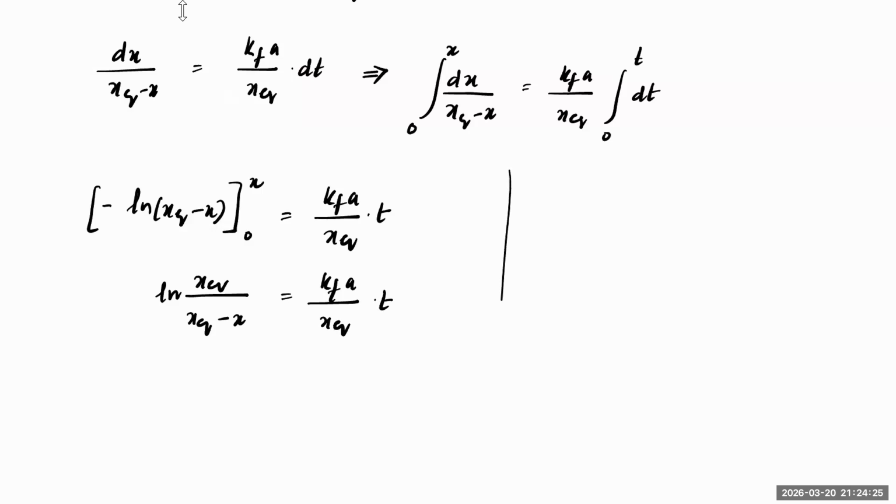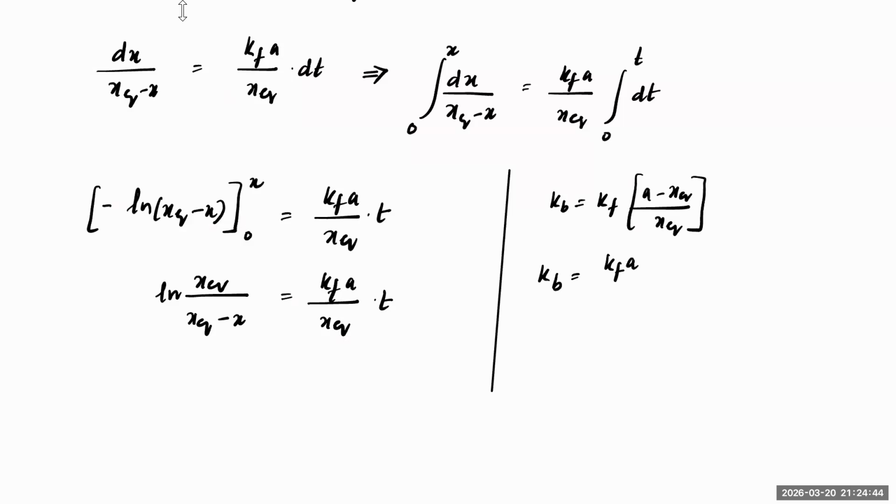Correct. Now, earlier we have learned that k backward is equal to k forward into (a minus x equilibrium) by x equilibrium. This was our equation 1. So now if I open this, what it appears like is k forward into a by x equilibrium minus k forward into x equilibrium by x equilibrium, that will get cancelled.